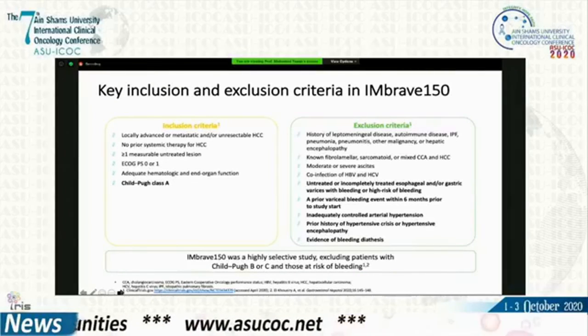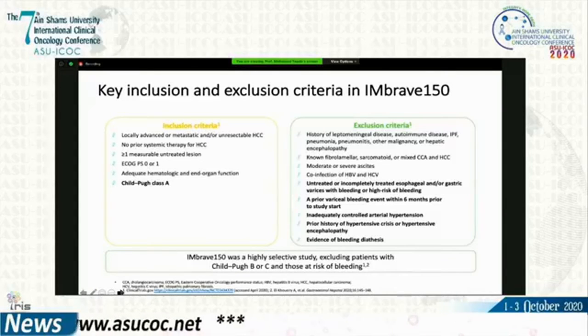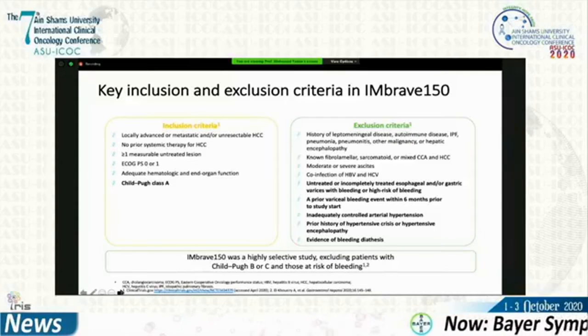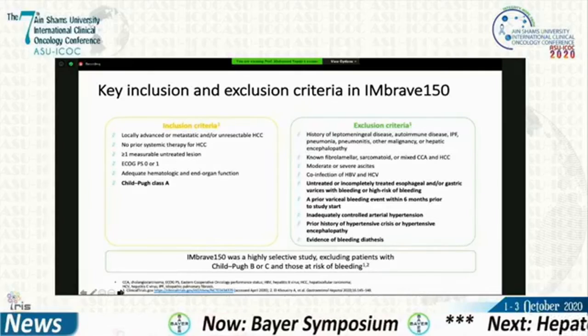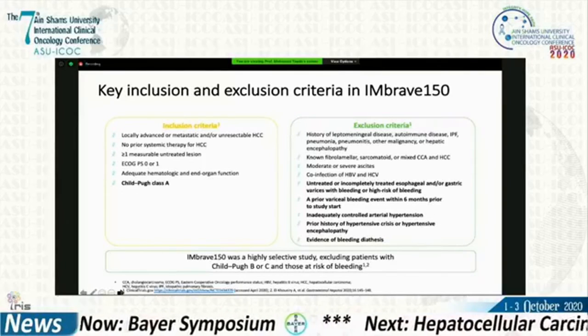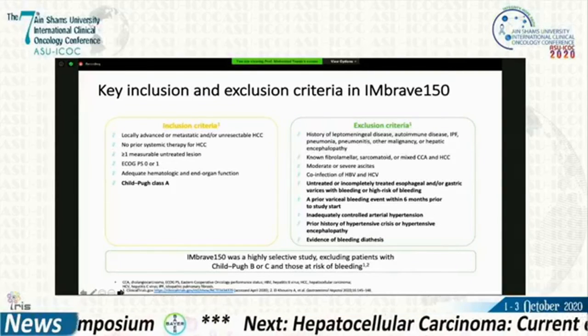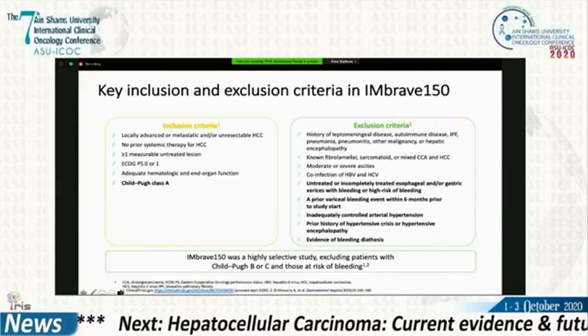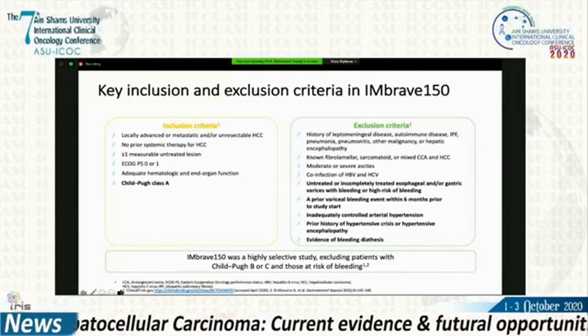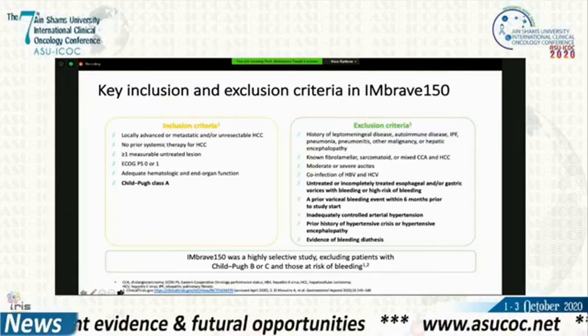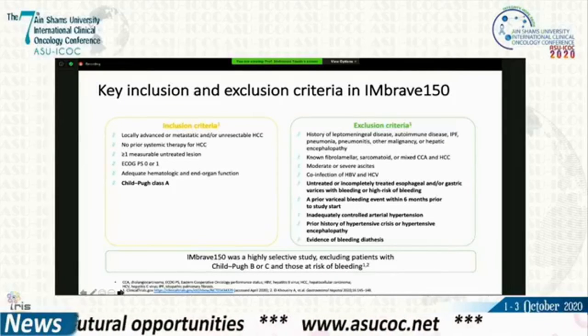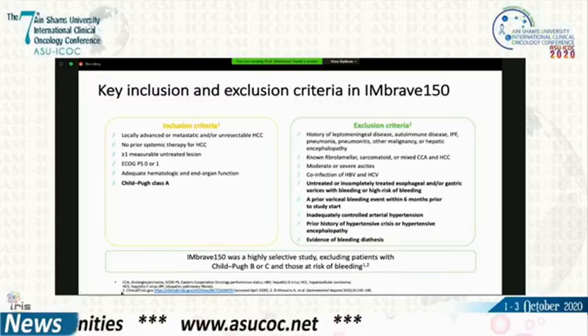Exclusion criteria: history of leptomeningeal disease, autoimmune disease, history of bleeding, moderate or severe ascites, co-infection with hepatitis B or HCV infection, known fibrolamellar, sarcomatoid or cholangiocarcinoma, untreated or incompletely treated esophageal or gastric varices, a prior variceal bleeding, inadequately controlled arterial hypertension, prior history of hypertensive crisis or hypertensive encephalopathy, evidence of bleeding diathesis.